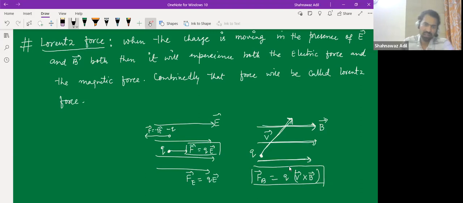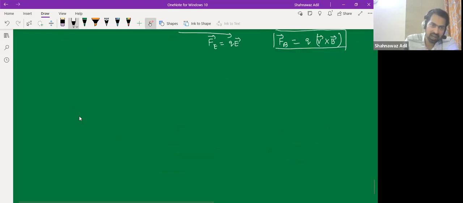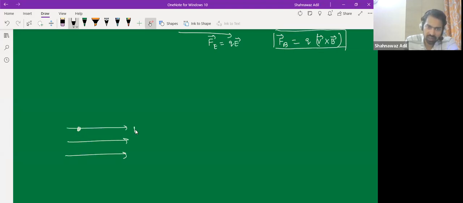So let's say we have a charge moving in the presence of an electric field and the magnetic field in this direction.